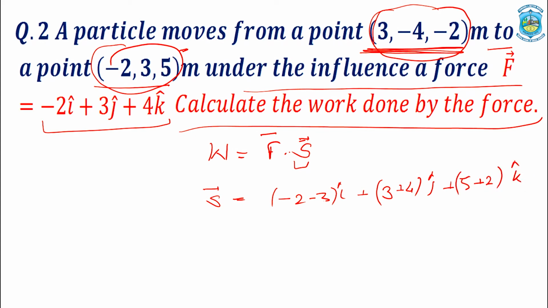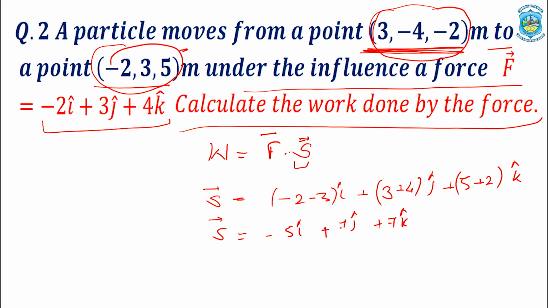So this will definitely be our displacement vector. Let's have a simplified form of it. It is minus 5i plus 7j cap, then again plus 7k cap. So this is the displacement vector.